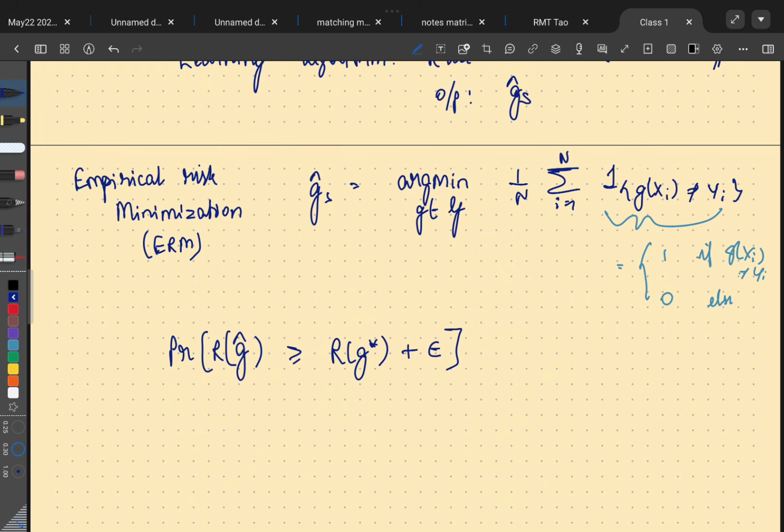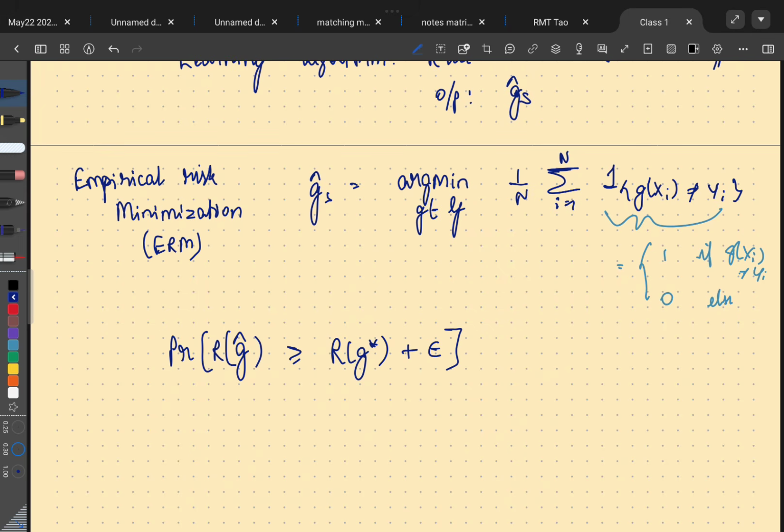I want to design an algorithm that gives a classifier that is close to r of g star, epsilon close to r of g star. But even this, I can't guarantee all the time. As I said, if you are trying to estimate the bias of a coin, with some positive probability you will see a sequence of all heads, and with some positive probability a sequence of all tails.